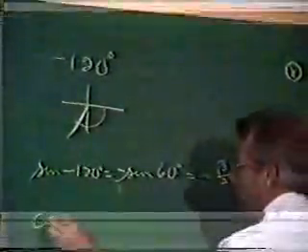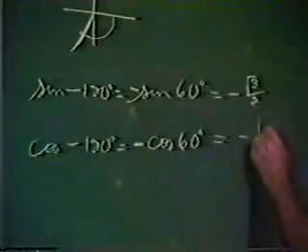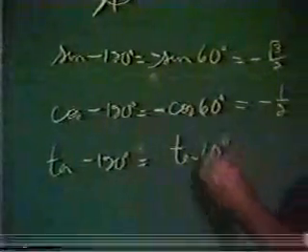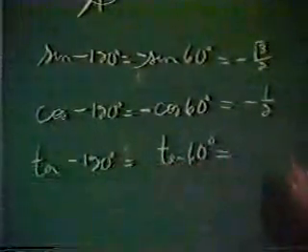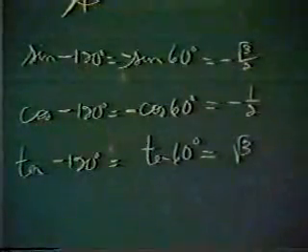The cosine of minus 120 degrees is the cosine of 60, and it's also negative in quadrant 3, so that's a minus 1/2. And the tangent of minus 120 degrees is the tangent of 60 degrees, and it's in quadrant 3. That's positive, and so this would be the square root of 3.